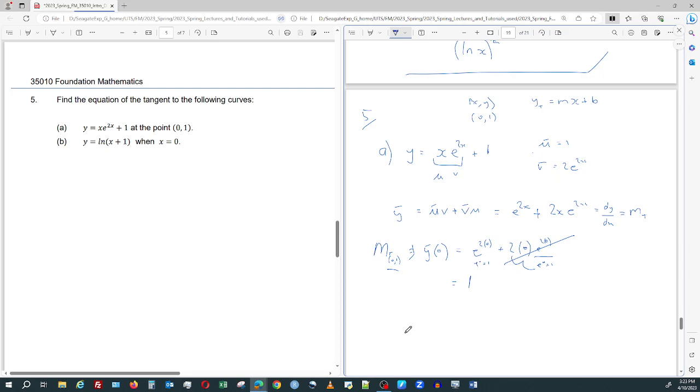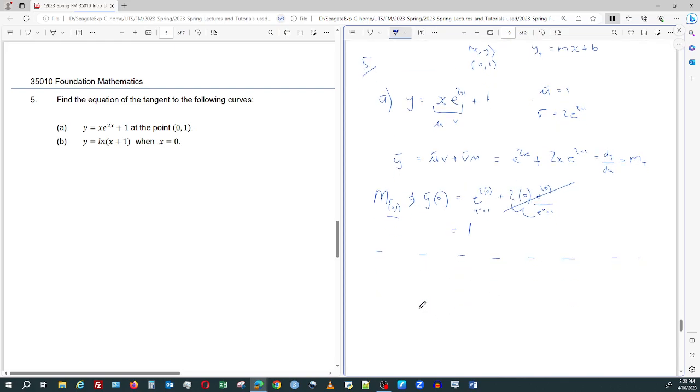Now we've been given an xy pair, so we can put that together in our yt equation and find b, because we don't know b at this point. So y is 1, m is 1, x is 0, plus b. So therefore, b is equal to 1.